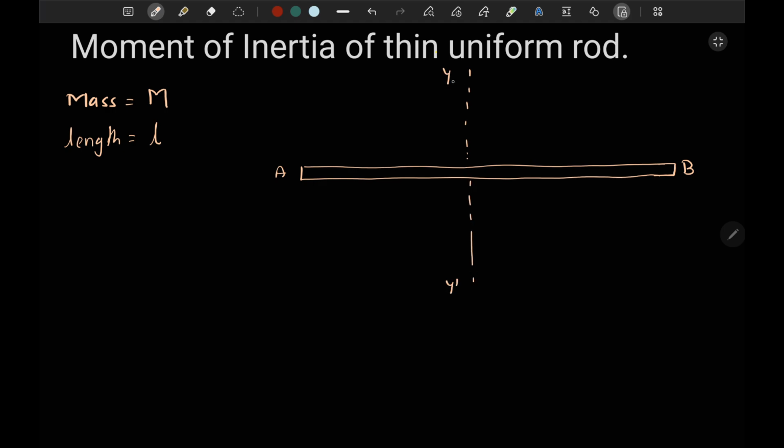We consider the axis to be exactly at the center of the rod, such that on both sides the length will be L by 2.